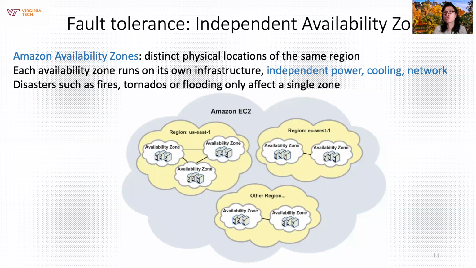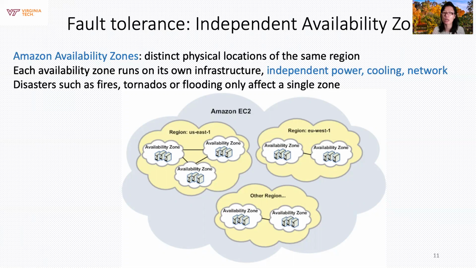Amazon availability zones are the concept that Amazon EC2 came up with in order to achieve fault tolerance. Different zones have complete autonomy, independence from each other. They run independent cooling, power, and network.